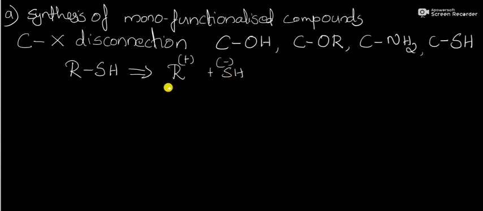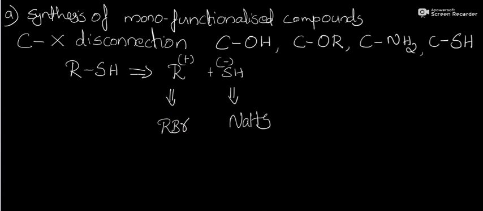Synthetic equivalent of R plus corresponds to alkyl halides. Then for the thiol anion SH minus, its corresponding synthetic equivalent will be NaSH, that is sodium hydrosulfide. When alkyl halide reacts with sodium hydrosulfide, it will convert into RSH.